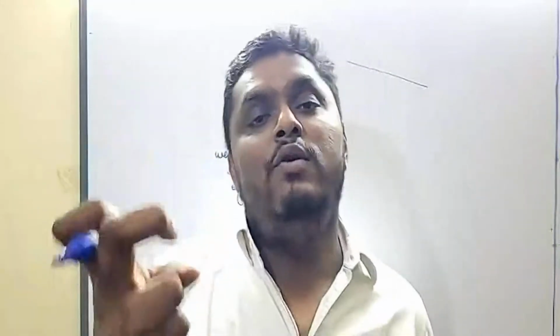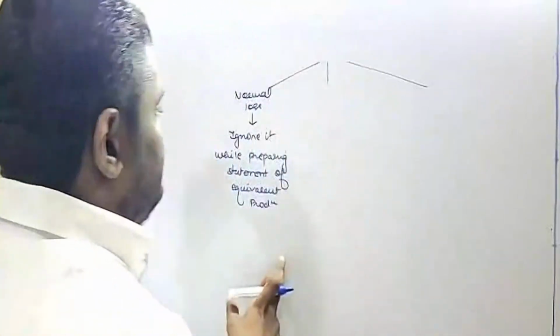If it is normal loss, better ignore it while preparing statement of equivalent production. The reason being the value of normal loss is absorbed by good units. That's why we ignore the units of the normal loss while preparing the statement of equivalent production.